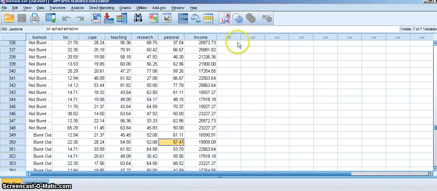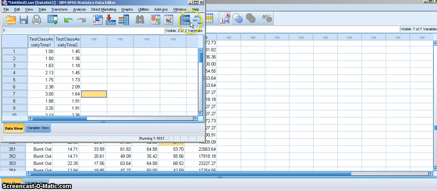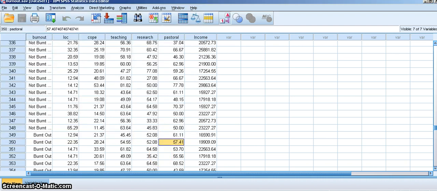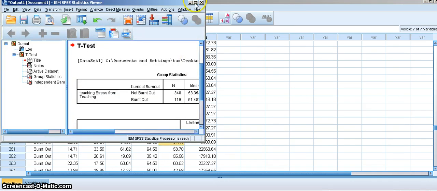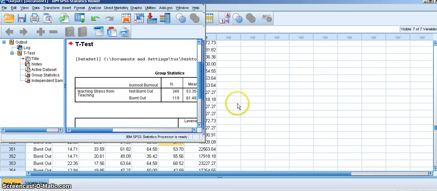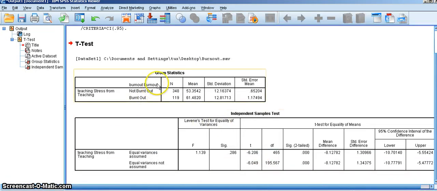And the next thing, we can look at our output, which is somewhere down here. Here it is. It automatically gives you how many participants we had in each group. So we had 348 participants in the not burnt out group and 119 in the burnout group.